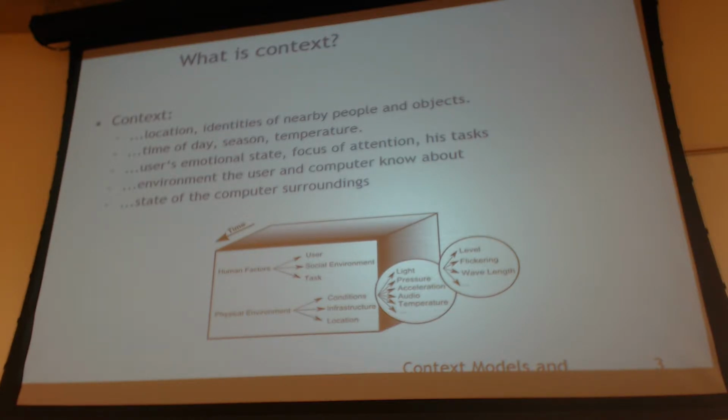Context can be location, time of day, user emotional states, focus of attention, environment, and so on. Context can typically involve a few different parameters, but most importantly, it can have human factors and physical environment. So these two things are very important for context.